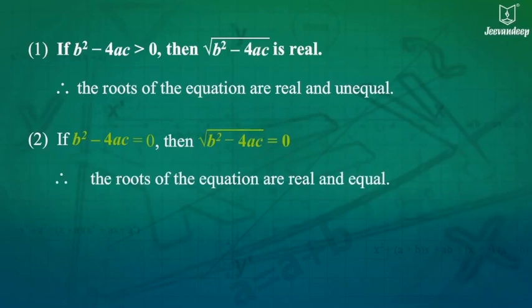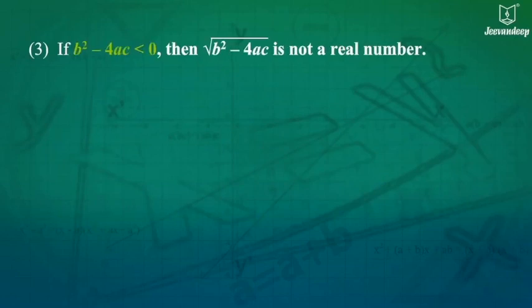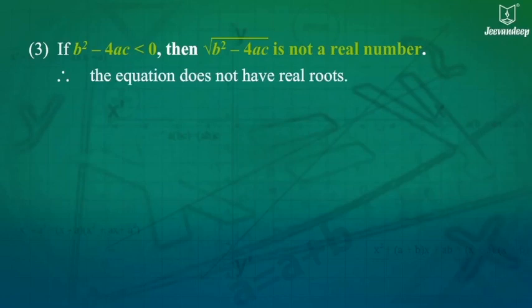Therefore, in this case, the roots of the equation are real and equal, that is, the equation has repeated roots. If b² - 4ac is smaller than 0, then the square root of b² - 4ac is not a real number. Therefore, in this case, the equation does not have real roots.